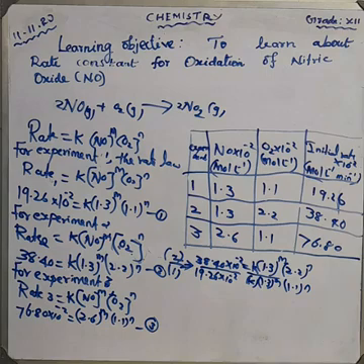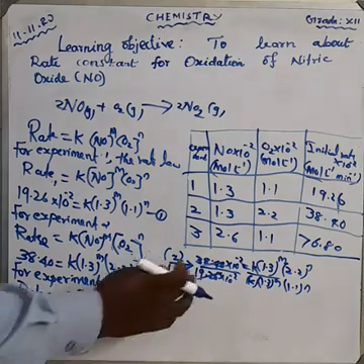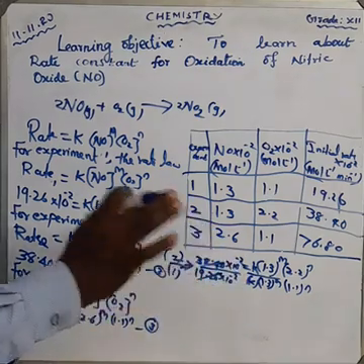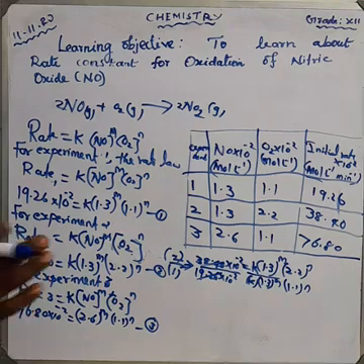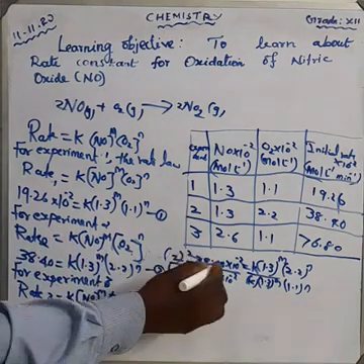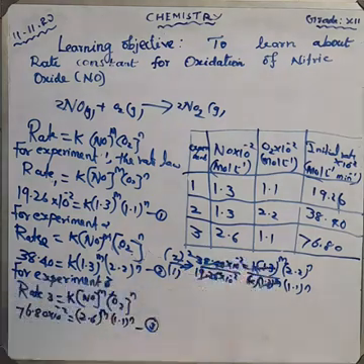How can we cancel? The K and the 1.3 power m terms can be cancelled. The left side is approximately, as a near value, 2. Am I right? Approximately we can write it as 2. So what is the final value?